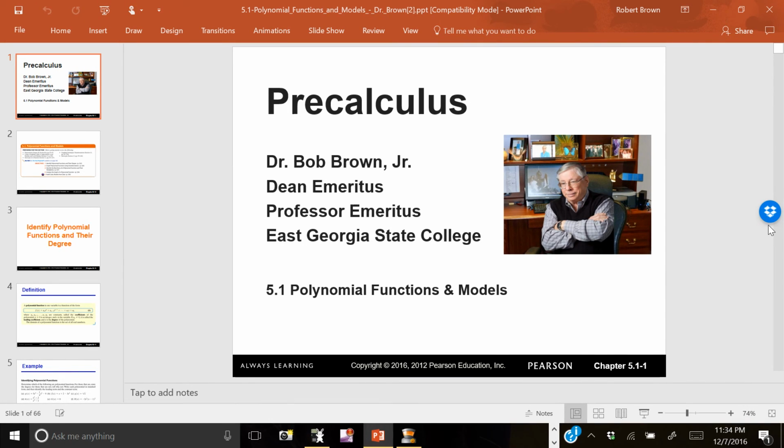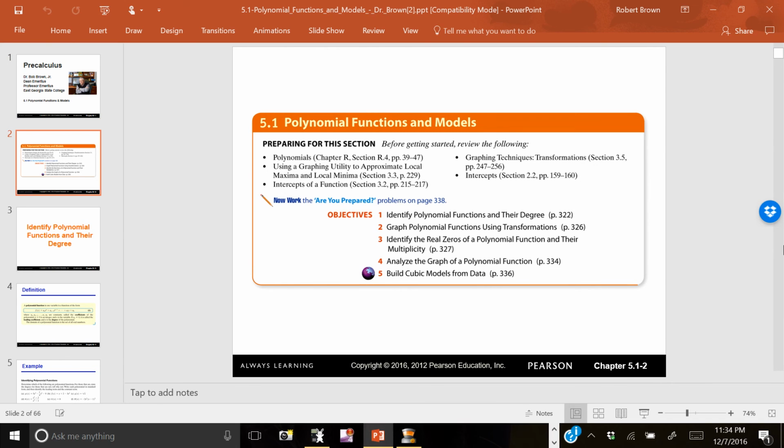This is the first section of our pre-calculus course, section 5.1, and we're going to be talking about polynomial functions and their models. This gives you an idea of some of the things we're going to be talking about.